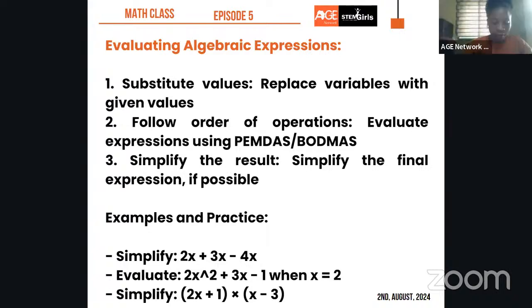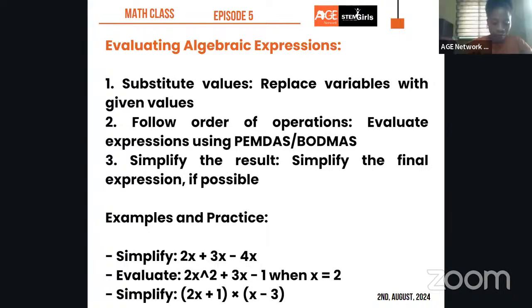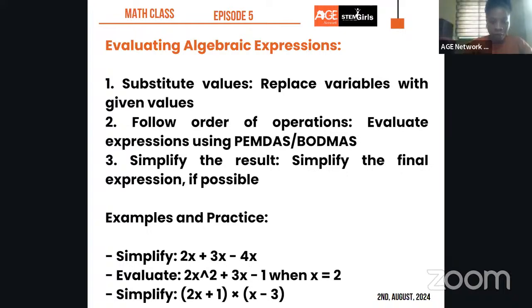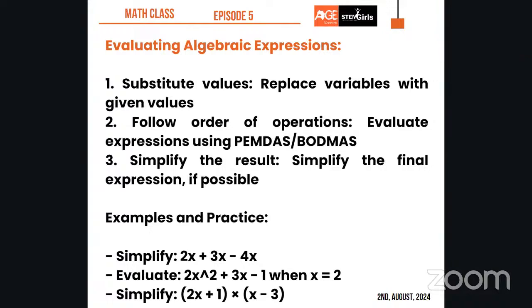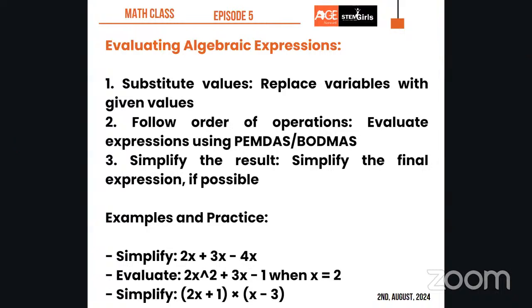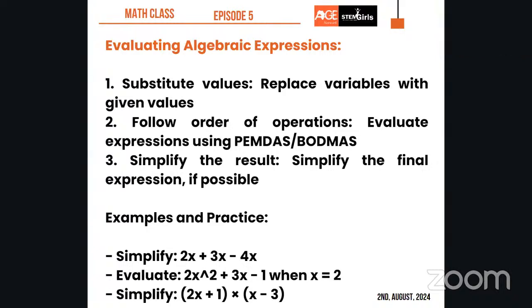Now, we use 2x to multiply with the two terms in the second expression. So you multiply 2x with x and negative 3, and you multiply 1 with x and negative 3. 2x multiplied by x is 2x squared. Are you with me? Okay. 2x multiplied by minus 3, the second term in the second algebraic expression, is minus 6x.